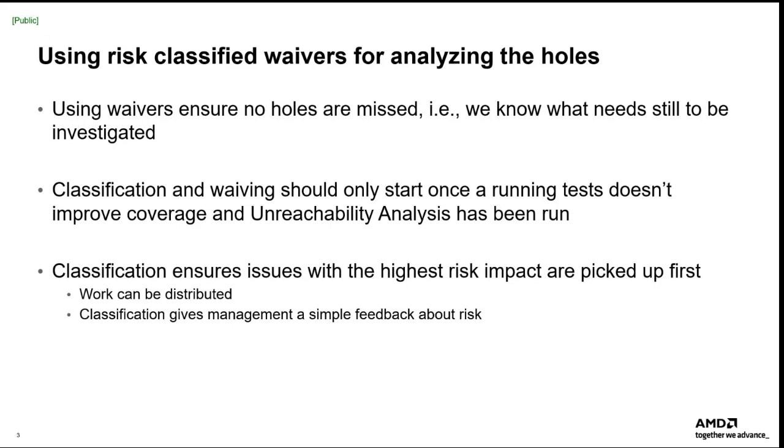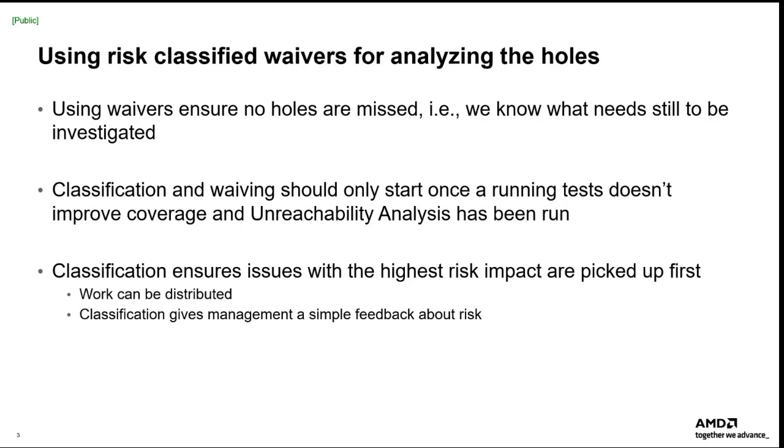Because waiving is a time-consuming process that takes a lot of resources, you should wait before you start waiving until you have run enough tests to see your coverage isn't increasing anymore, and definitely you should have run some kind of unreachability analysis tool. If you don't use unreachability analysis tools, you're just wasting engineers' time.